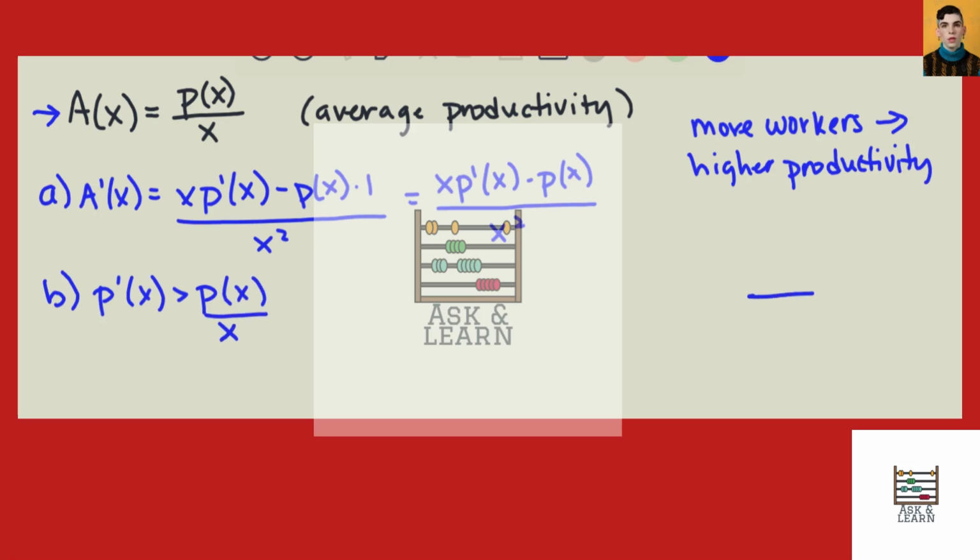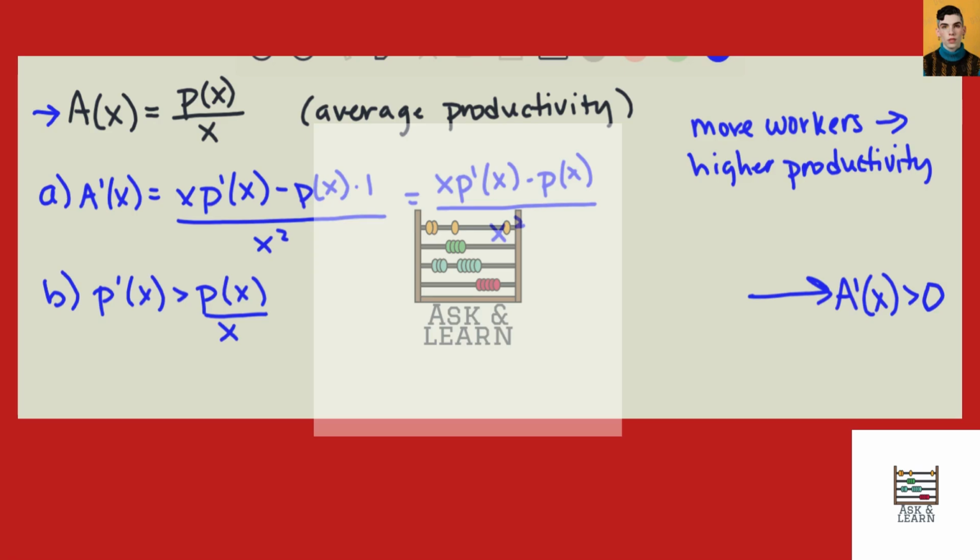Okay, that's a mouthful. So we start with this. The rate of change of productivity is greater than the average. We want to show that this leads us to the rate of change of the average is greater than 0. What are the steps in between?